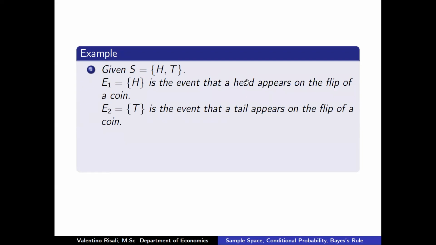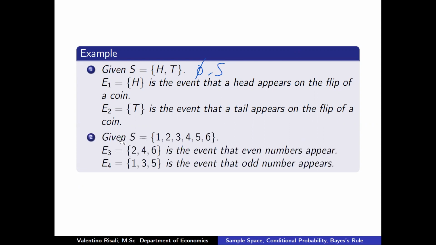That is the event that a head appears on the flip of a coin. Similarly, E2 is also an event of S, that is, a tail appears. And of course, from our previous discussion, the empty set and S are also events in S.